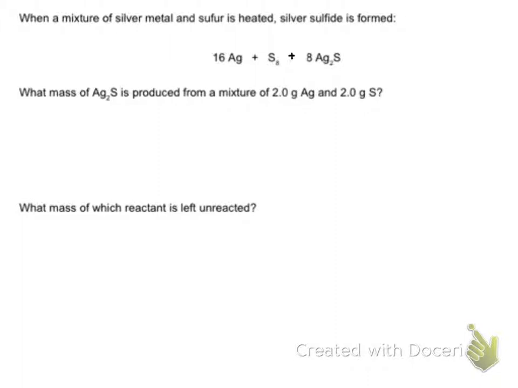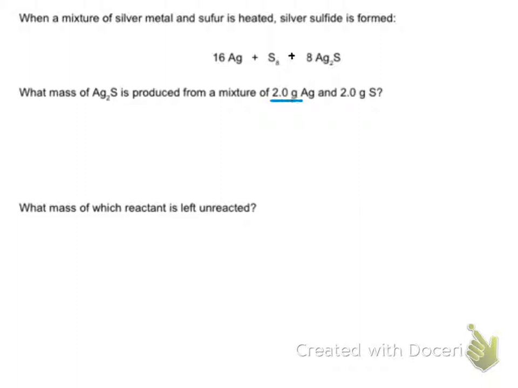Alright, so your first problem says when a mixture of silver metal and sulfur is heated, silver sulfide is formed. Your equation is given, and first step to solving stoichiometry problems is balance the equation, and it is already balanced. So it says what mass of silver sulfide is produced from a mixture of 2 grams of silver and 2 grams of sulfur.